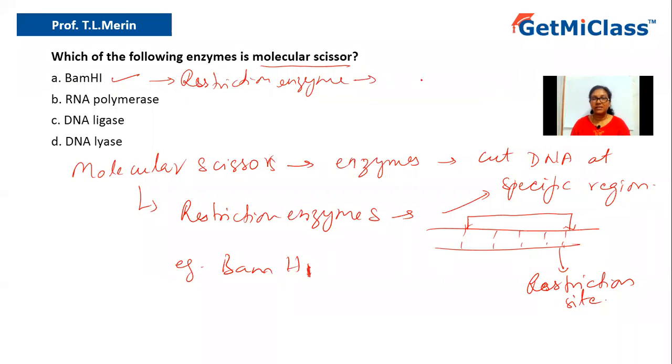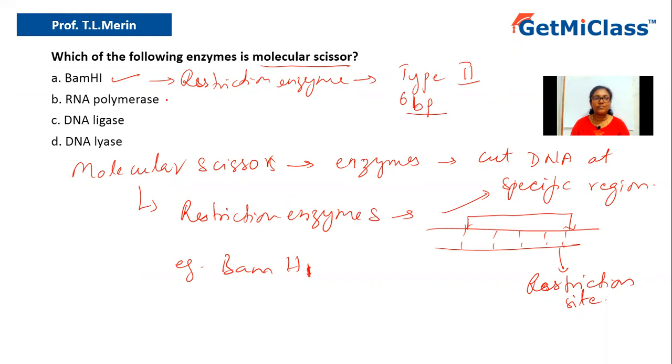And then you have, majorly you can divide restriction enzymes into three types: type 1, type 2, and type 3. And BamHI is a type 2 restriction enzyme. And this can identify and cleave a stretch of about 6 base pairs of the DNA. So that is BamHI. So that is the correct answer.